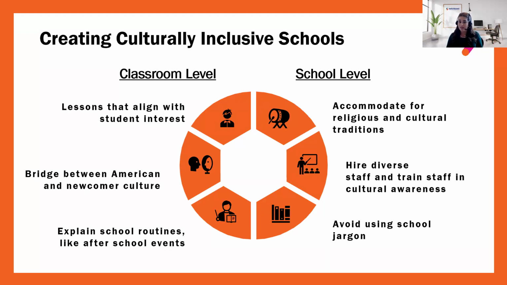So this really requires knowing your students, right? Knowing what they're interested in, knowing what their background is like, and finding opportunities to be able to share that with everyone in the class so that they can also learn, bridge between American and newcomer culture, and explain school routines like after school events to families. This is really an important one.